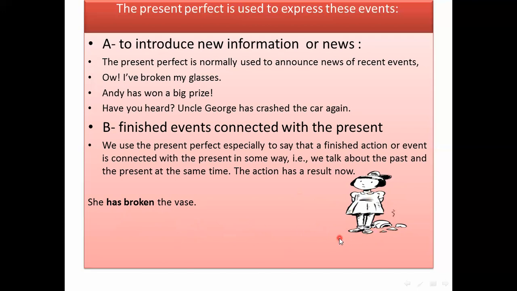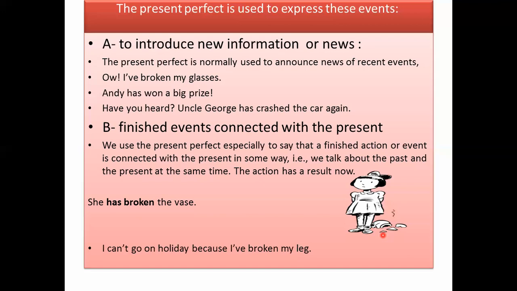It has a connection with now. So we can say, "She has broken the vase." The breakage of the vase happened in the past and the vase is still broken. It cannot be used. So this is one of the functions of the present perfect.